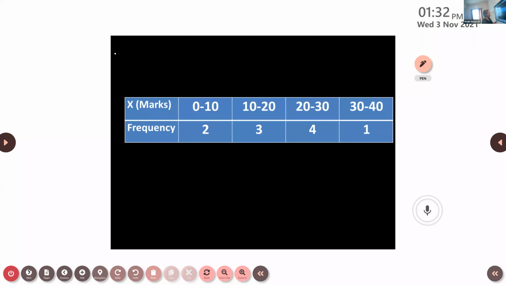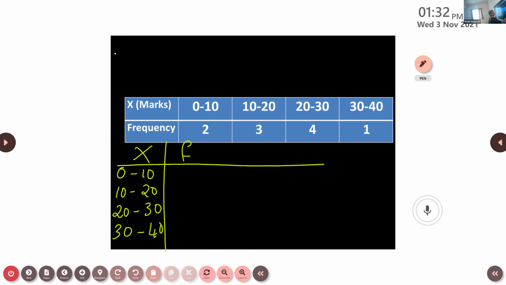So it will be easy for you to find. So you can make two columns here. One is X, you can write class like 0 to 10, 10 to 20, 20 to 30, 30 to 40. Frequency you can make, that is 2, 3, 4, 1.